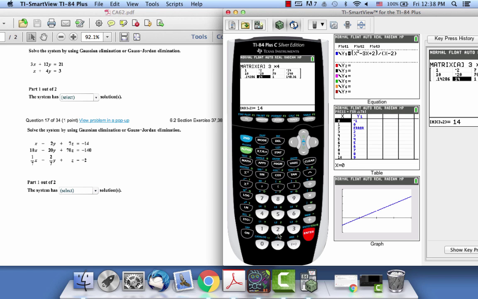Put these in. Negative. Oh, and this one appears to be 1/7 times the top one. So we will really have infinitely many solutions.